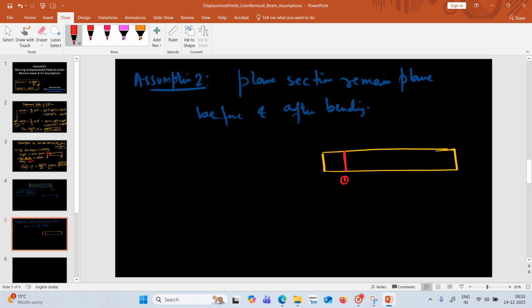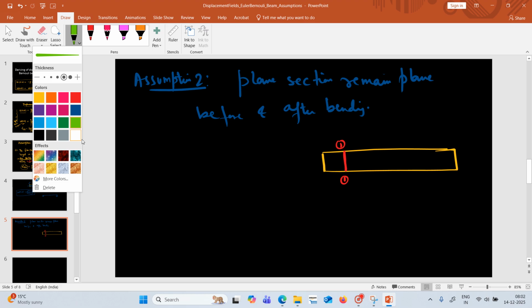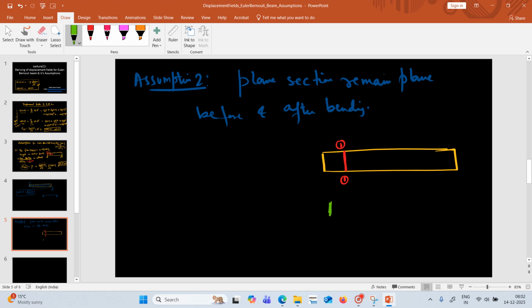And when the beam gets deflected, let us say the beam gets deflected like this. We are not taking any horizontal force, so there is no horizontal displacement in the homogeneous and isotropic beam. So we are not considering the horizontal in this way.